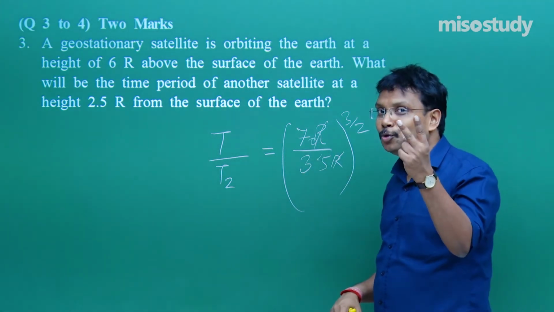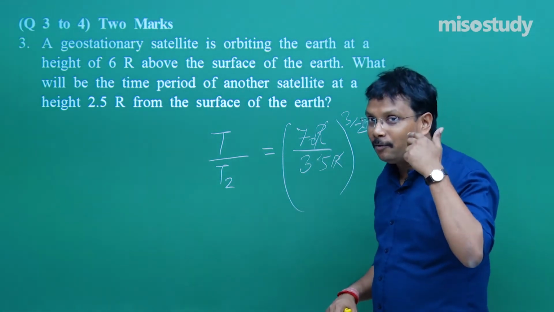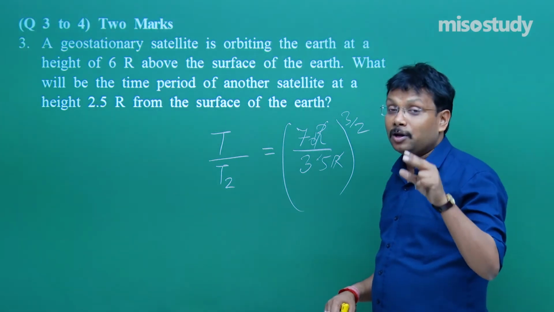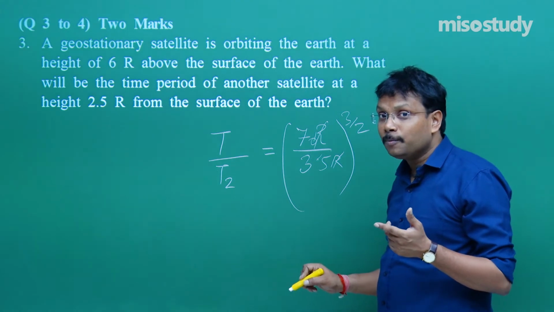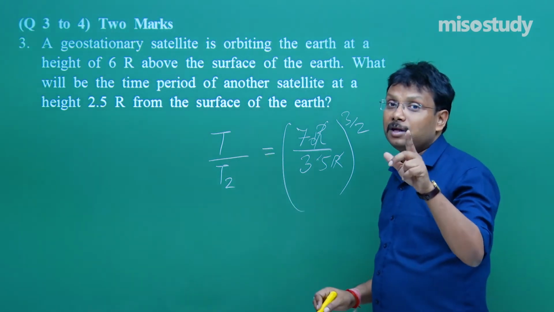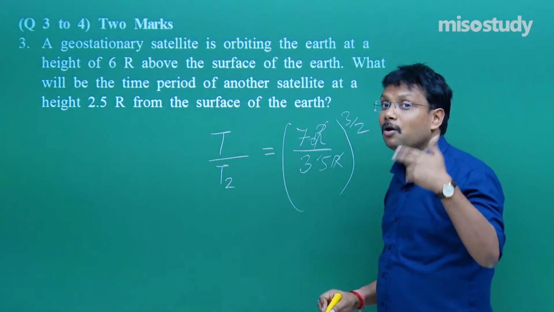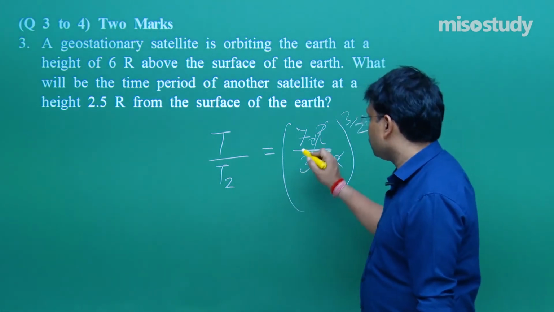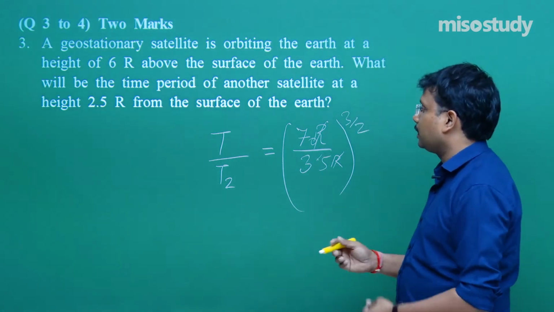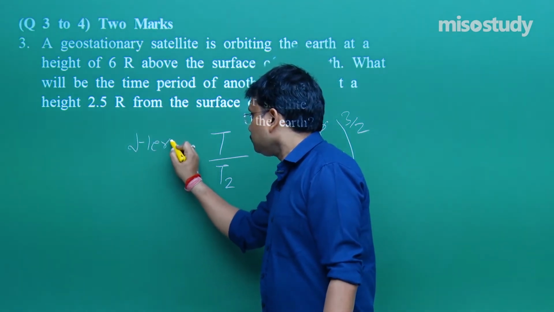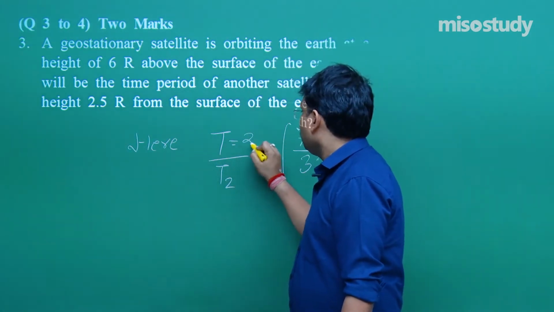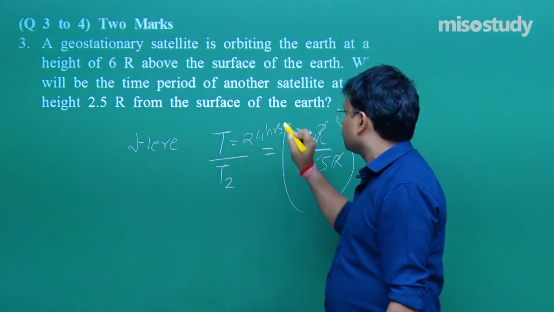So it is going to be 2 into 1 by root 2, root 2, that will give you the value of this T2, and then use the value of T1 as T or 24 hours. So you can solve it and easily get the values. Here T equal to 24 hours. Fine.